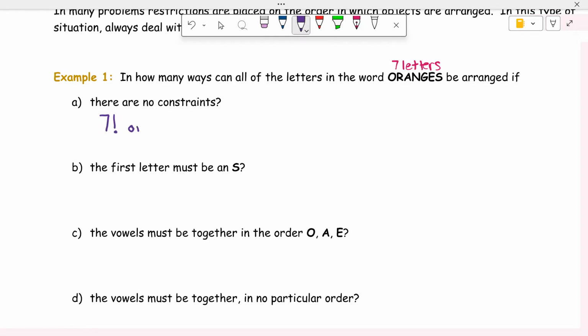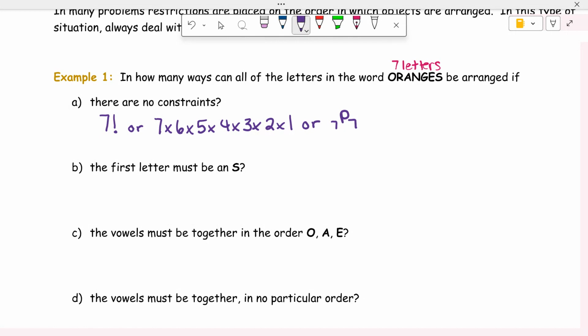But as I promised you guys last class, I'm going to show you everything that means the same thing so you get used to equivalencies. And what's the other way that I didn't write down yet? The formula. Which side of the formula? Right, 7P7. All of those things mean the same thing.